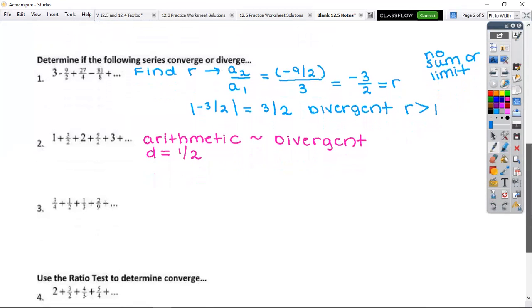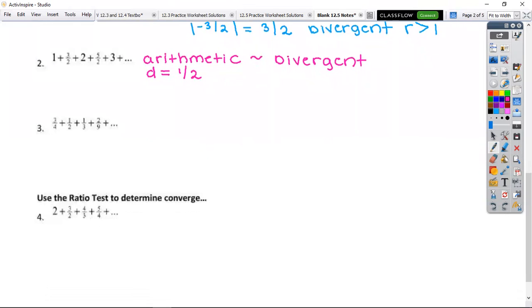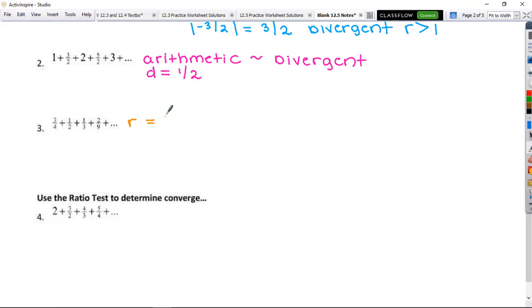Number 3, doesn't appear to be arithmetic. So let's check and see if that one is geometric. So you're going to find your ratio again. So we're going to go 1/2 divided by 3 over 4. And then change that back to a fraction. 1/2 divided by 3/4. You guys get 2/3?